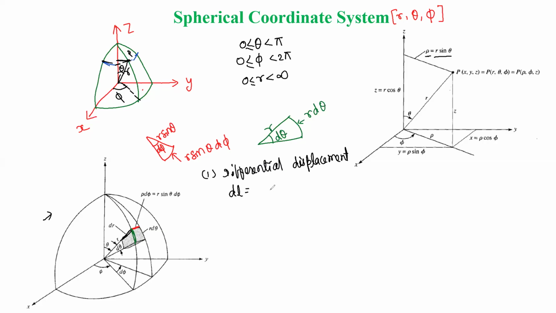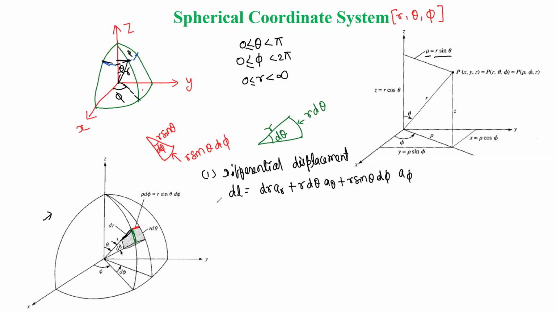So we have dr with unit vector a r, then r d theta with unit vector a theta, and next r sine theta d phi with unit vector a phi. Like this, we are able to write the differential displacement.